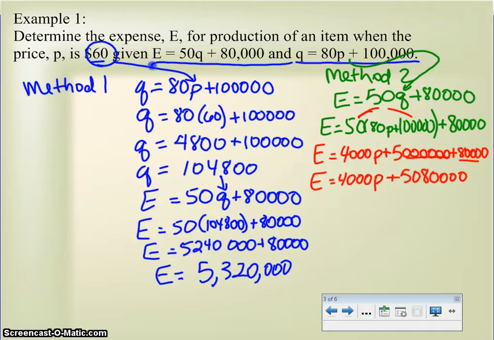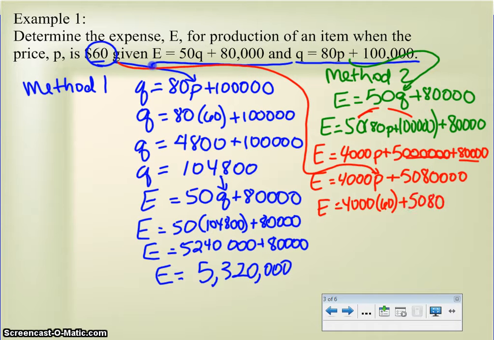Now I'm going to plug the $60 into P, and I get E equals 4,000 times that $60 plus the 5,080,000. Multiplying that out, I get 24 and 4 zeros, so 240,000, plus the 5,080,000.